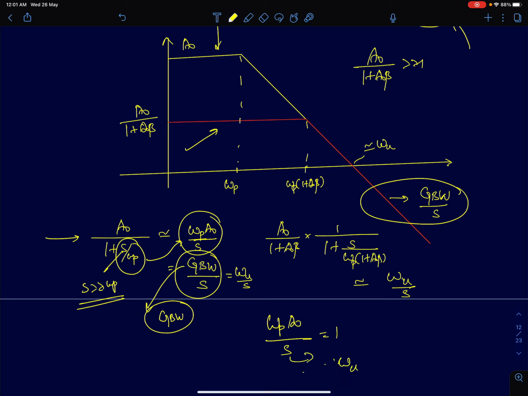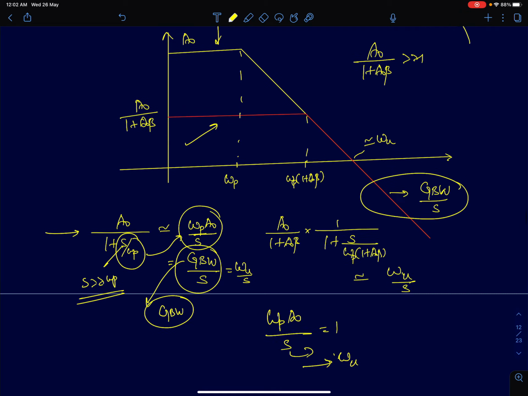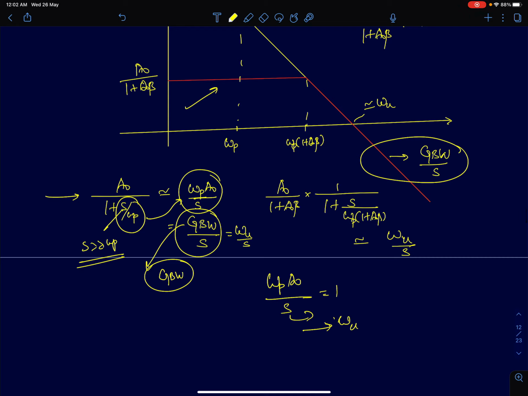I'm going to call it omega U, the frequency at which the open loop gain becomes equal to 1, the unity gain frequency. Omega U is given by A0 into omega p, or the gain bandwidth product.